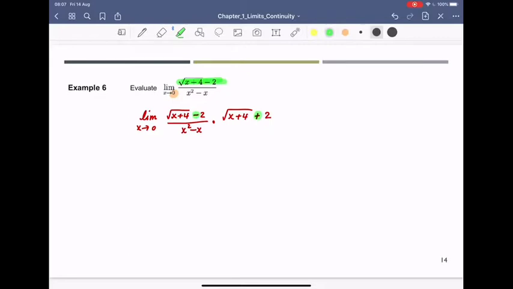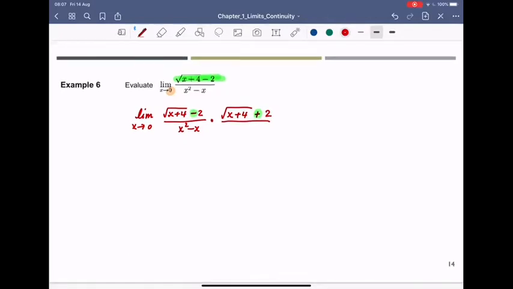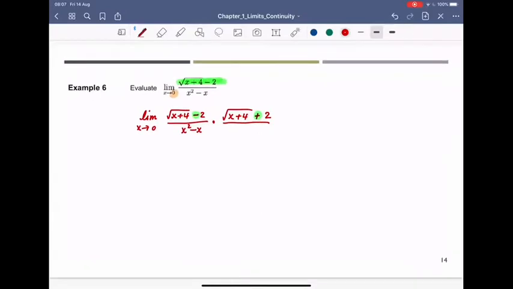When I multiply by this, I have to make sure that everything stays the same, so we are going to multiply by number 1. That means I have to multiply by square root of x plus 4, plus 2 both on the numerator and denominator. This is because we want the term that we multiply here to be 1, so the value does not change.